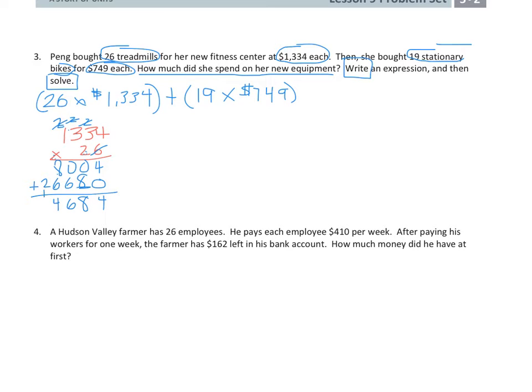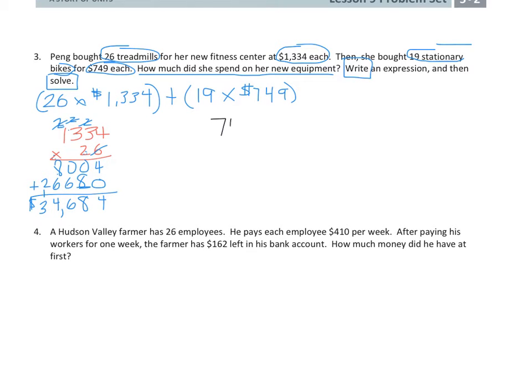Carry your 1 to the 10,000s, and then 2 plus 1 is 3. So the treadmills cost $34,684. And now we're going to go ahead and do the next problem for the stationary bikes.